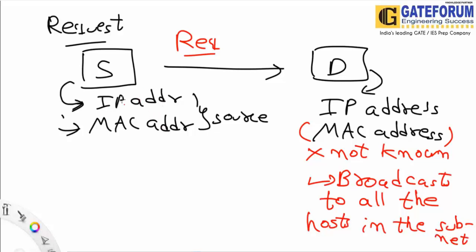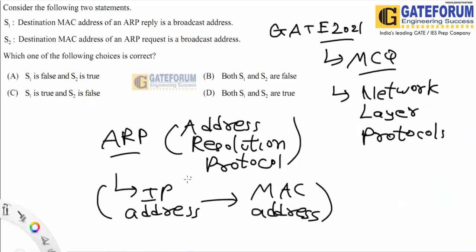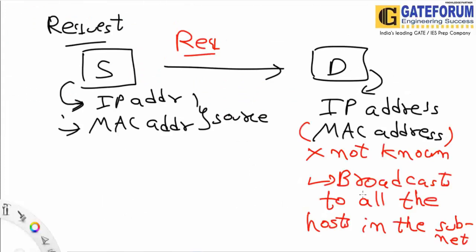While sending a request, it knows its own IP and MAC address, but on the receiver side, it only knows the IP address because it does not know the MAC address. The whole purpose of ARP is to find the MAC address from the given IP address. If it already knew the MAC address, we would never require ARP. So whenever we send a request, we do a broadcast, and this would be the broadcast address FFFFFF.